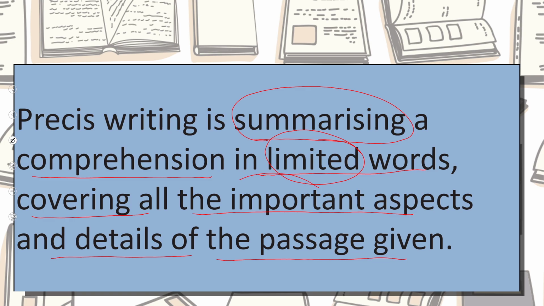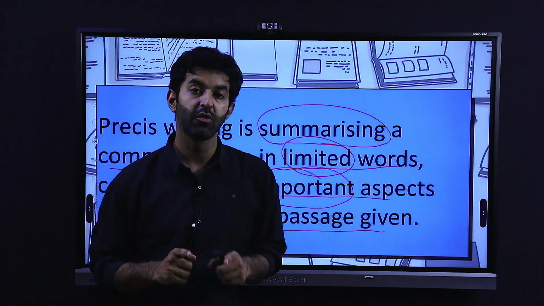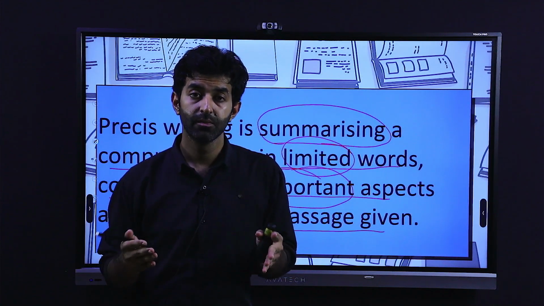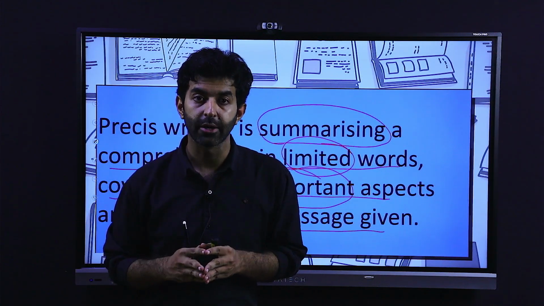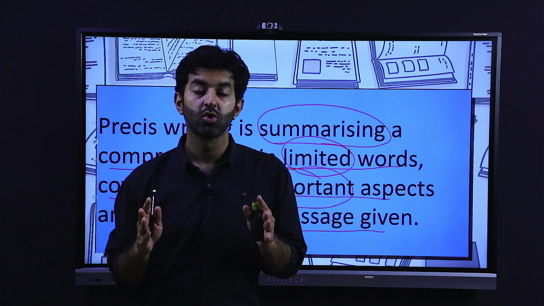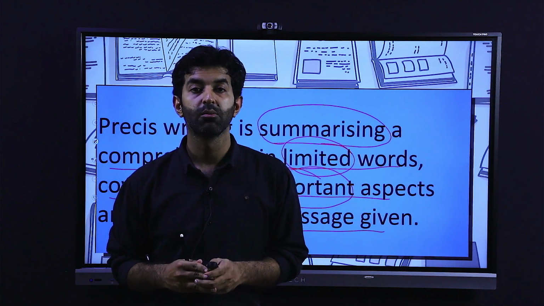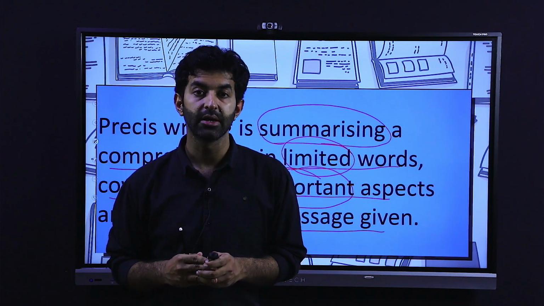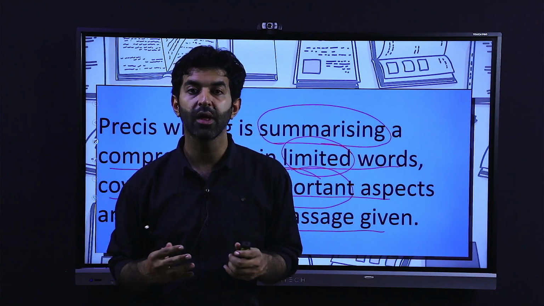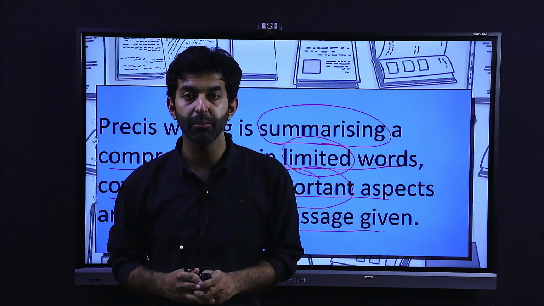Just the important aspects, important idea, or any detail that is the soul of that passage or that text. We do not miss that. We are actually summarizing, but with a limit. Now, we are also not avoiding any kind of important detail or idea. So, précis writing is summarizing with a limit. I hope that you can remember it.